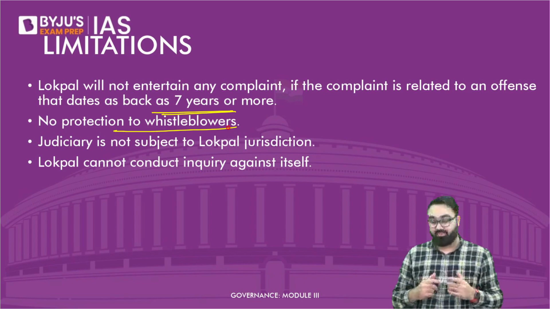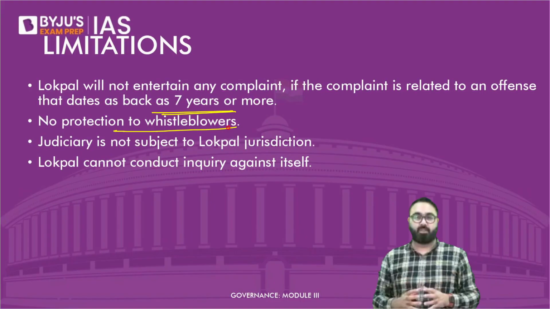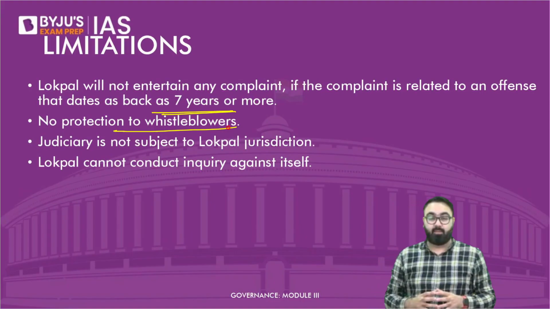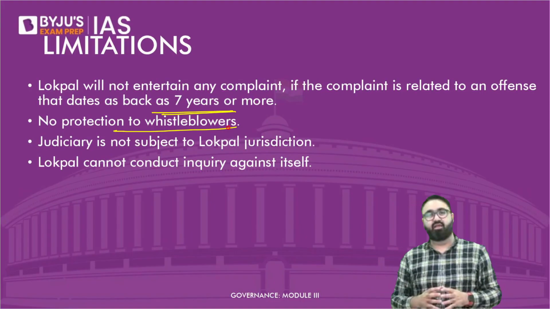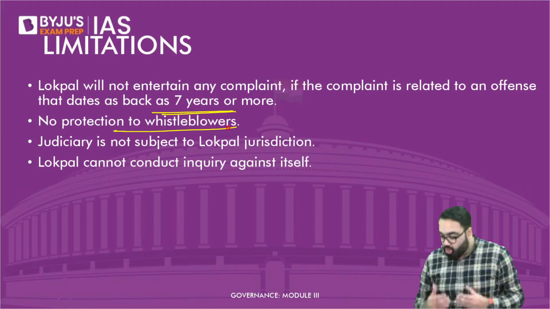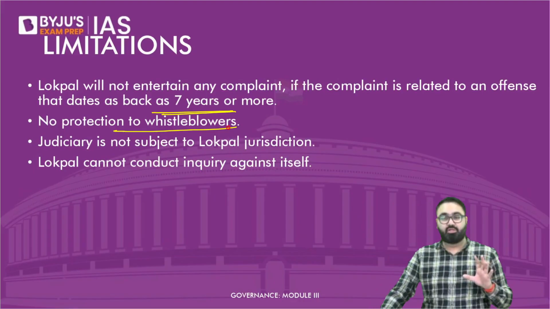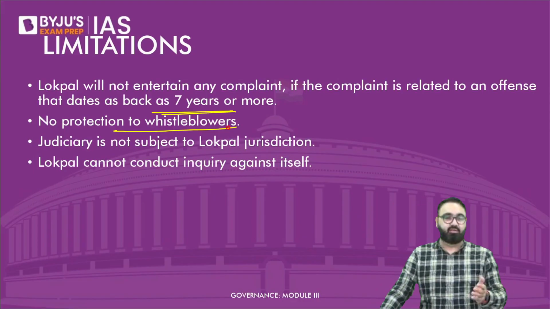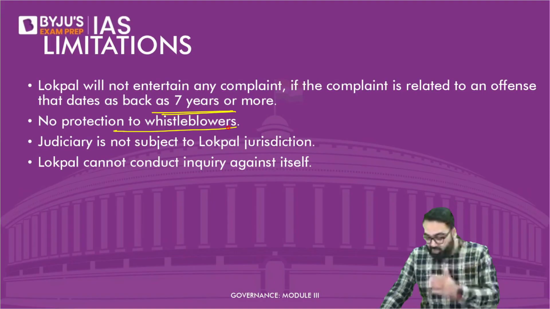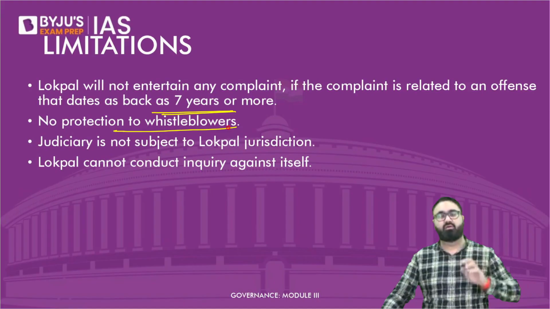That becomes a problem. See, when you are filing a complaint against powerful people, members of parliament, a minister, these are all very powerful people. You know that they will get to know your name if they really want to. So you want all the protection, right? The problem is in the Lokpal Act, there is no protection given to the whistleblowers.